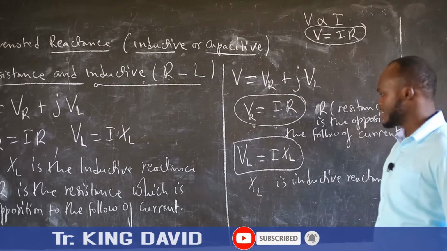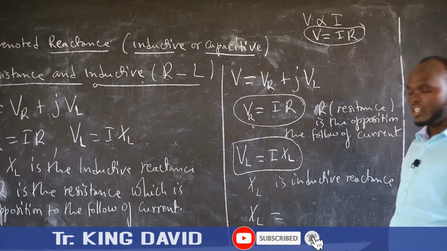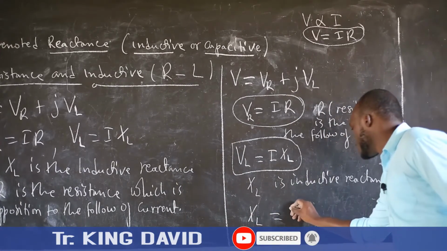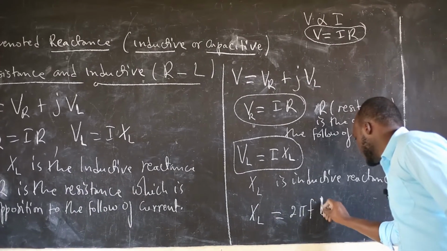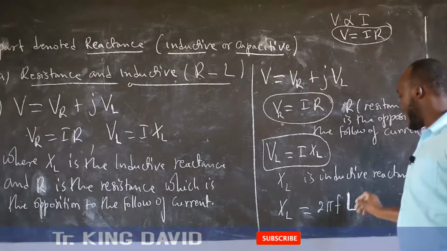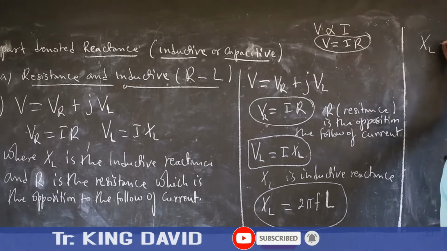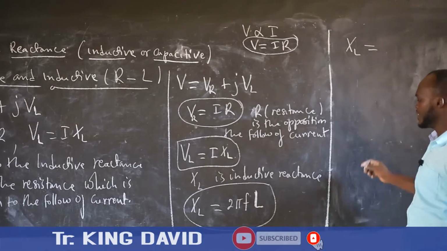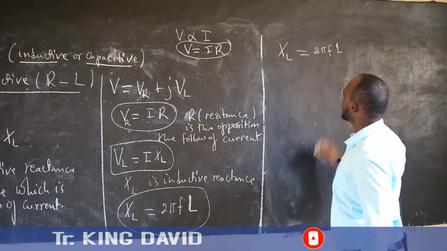So how do we get XL? Our XL, which is inductive reactance, is equal to 2 pi FL.